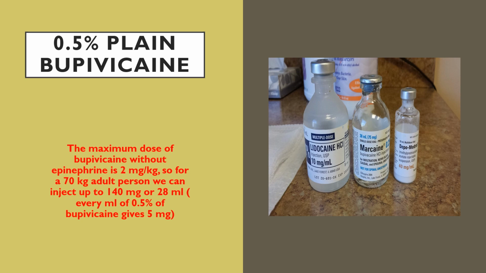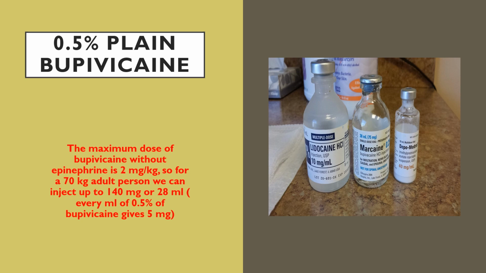For a 70 kilogram adult, if we give 2 milligram per kilogram as a maximum dose, we can give up to 140 milligram. So 140 milligram means how many ml?